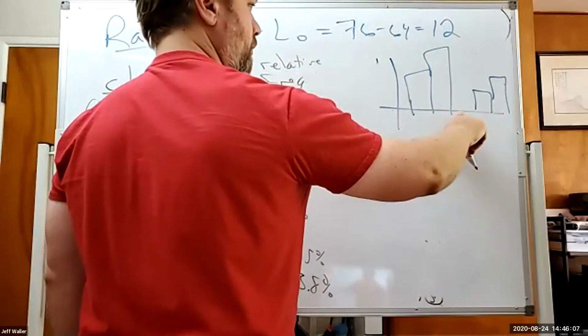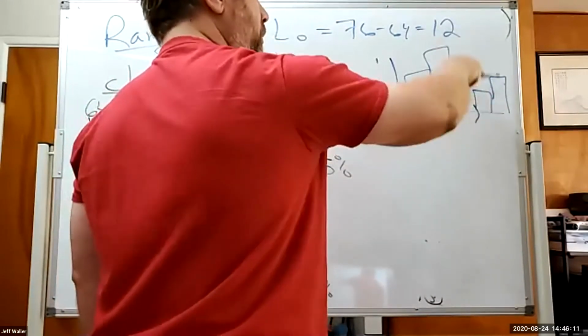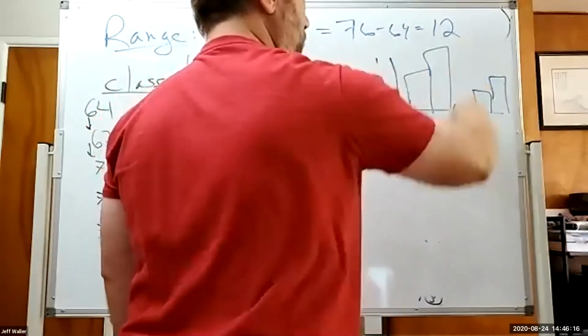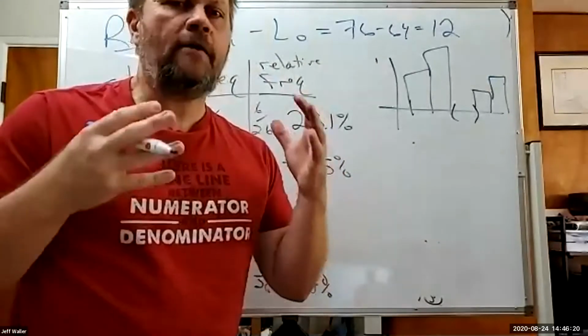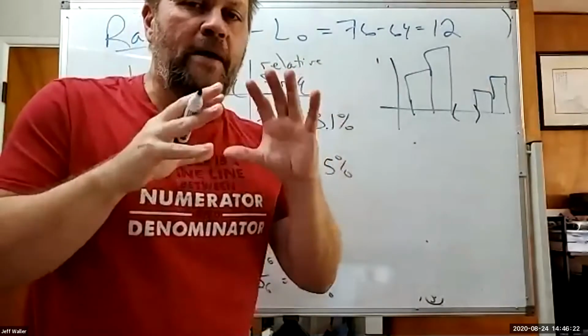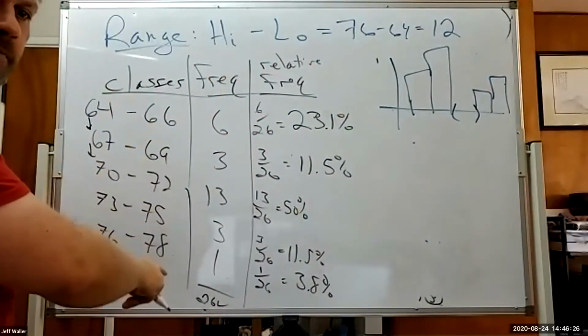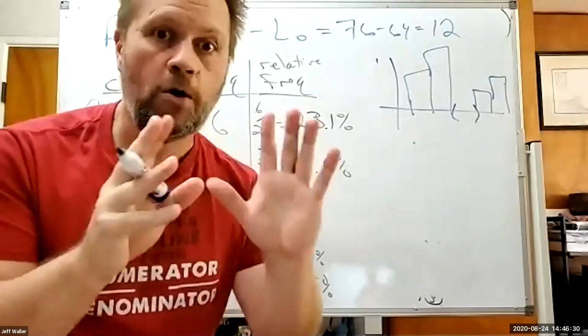That there's no represented numbers in that area. Whatever class this is, there was nobody there. Like this is F's, D's, C's, B's, A's, and just nobody got a C. That's what that would mean. So I can't have gaps unless some of my classes have 0. Do any of my classes have 0? No. So can I have any gaps in my picture? No. Good.